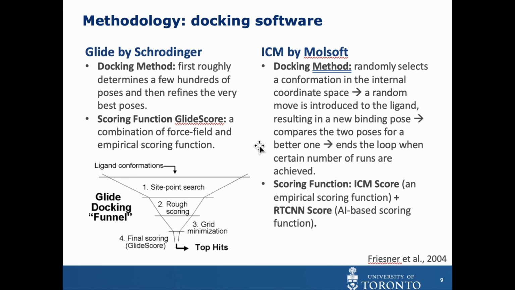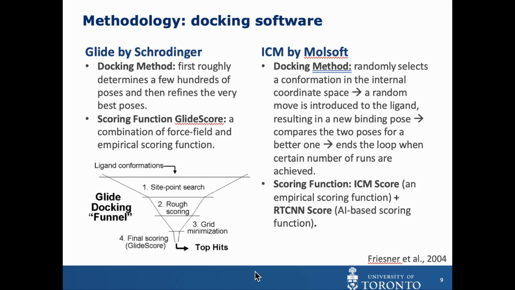In contrast, ICM's docking approach starts with the random selection of a ligand conformation within the internal coordinate space. It then introduces a random move to the ligand to generate a new binding pose. The new pose is compared with the original pose and the optimal one is selected. These steps are repeated until a specified number of iterations is achieved.